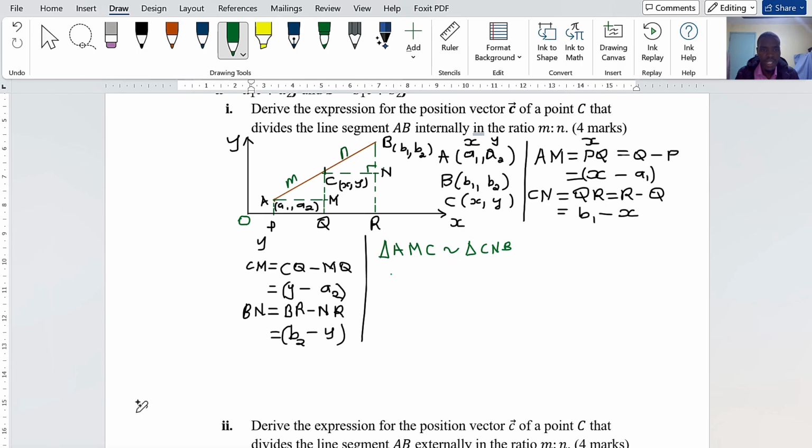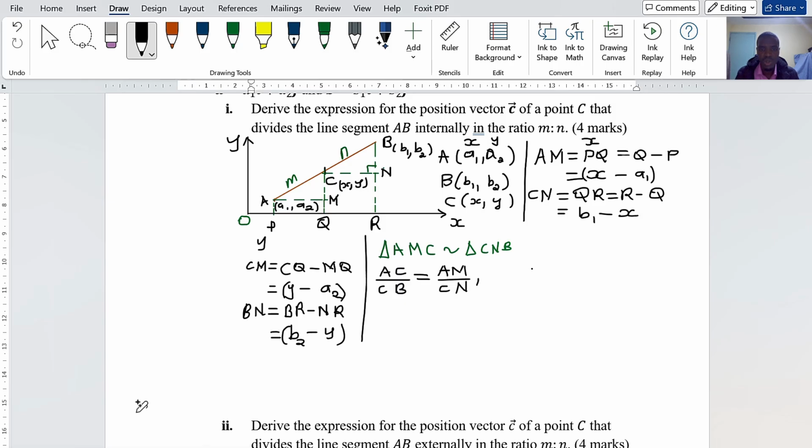Now from that, we can see clearly that the ratio of AC to CB is the same as the horizontal distance AM for the first triangle divided by CN for the second triangle.